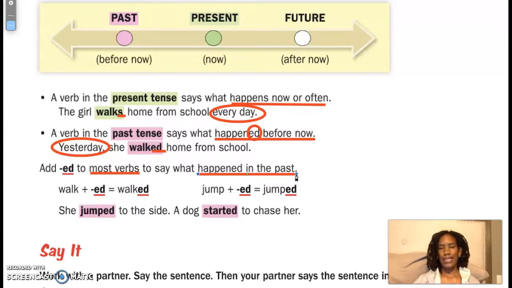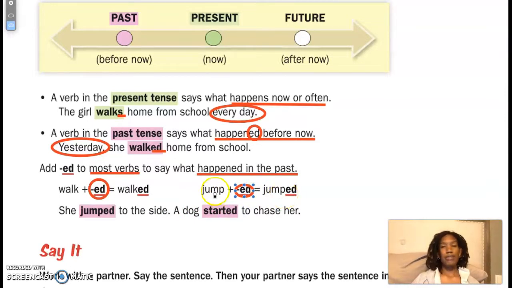Okay? Past tense. If you look here, you have your verb in present tense, right? You add the ed and it becomes walked. Okay? And this is past tense. Present, past. Present, past. Okay? Same thing for jump. You have jump and then you add ed and then you have jumped.